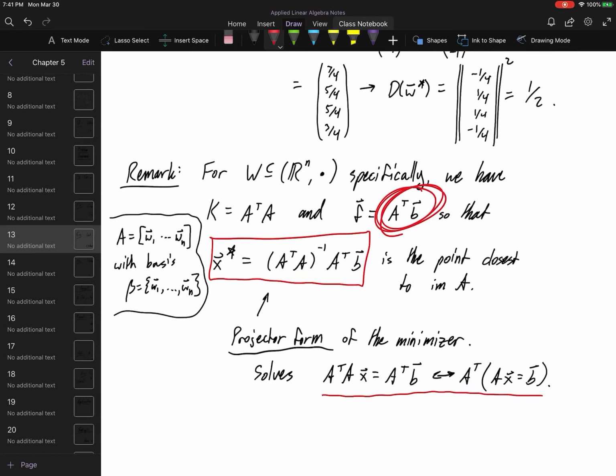So what we're really thinking about here is that this A transpose B is a whole bunch of dot products thrown into one, and these are just how much of B lives in each of the basis vectors, which can actually be thought of as kind of a projection, right?